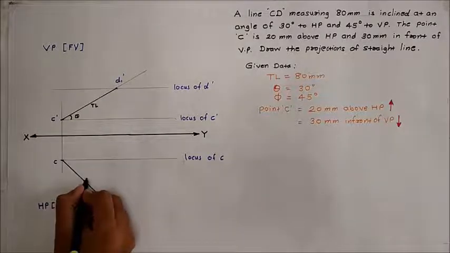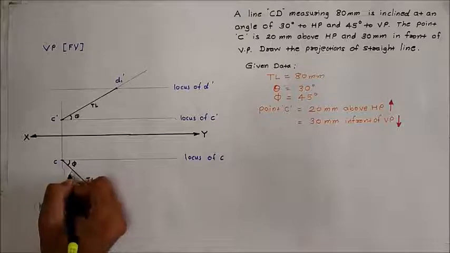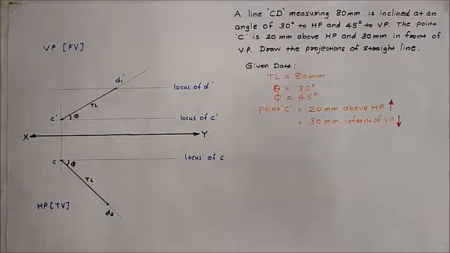CD2 is the true length of the line making angle phi with the horizontal line, or we can say the XY line. After marking the true length in the top view, now we will plot the actual front view, then we will plot the actual top view.